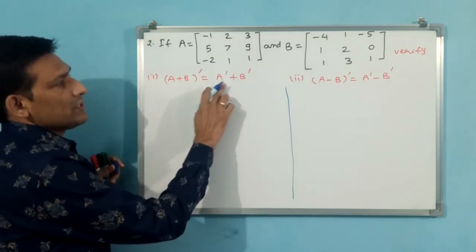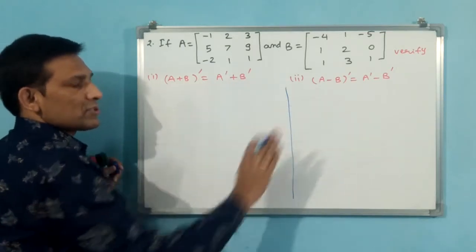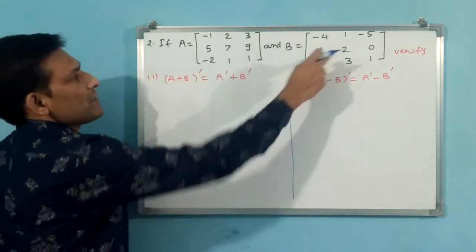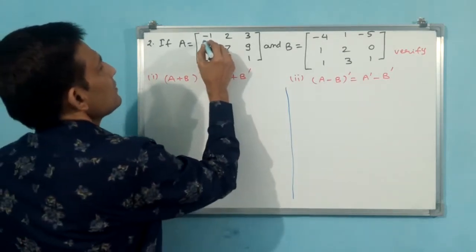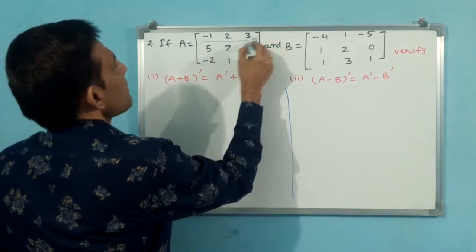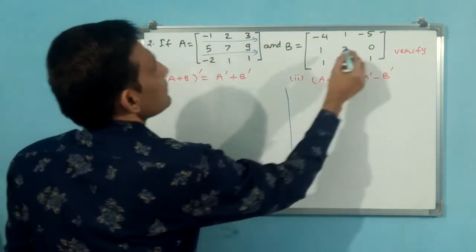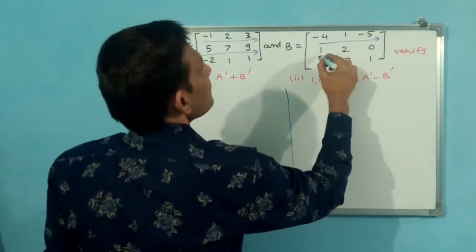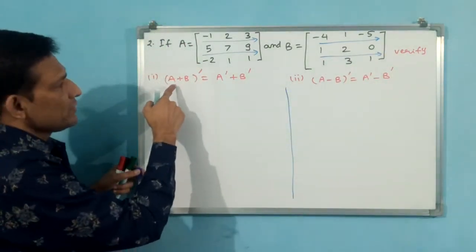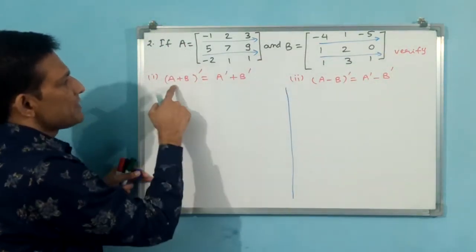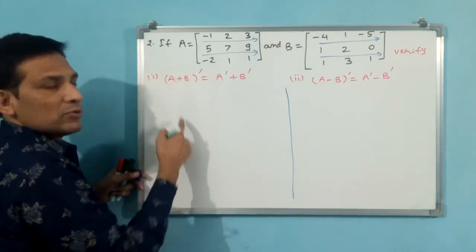For RHS, you see A transpose, B transpose, separately you have to do. You are having A and B here in front of you only. Now put some arrows. Now first point, for LHS, first you have to do A plus B, then afterwards you have to do transpose.